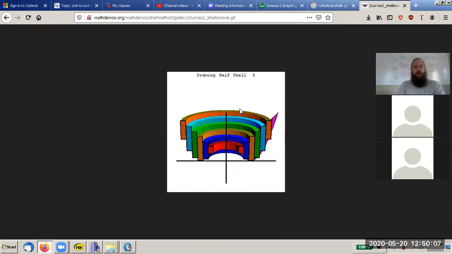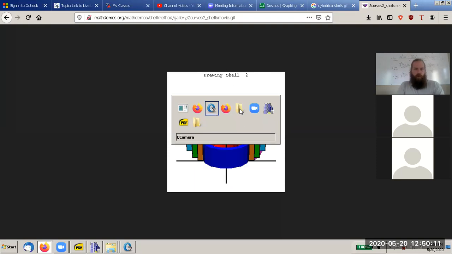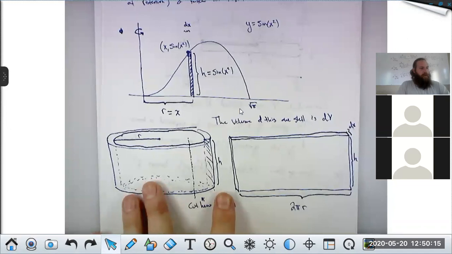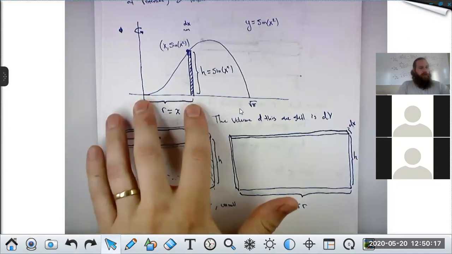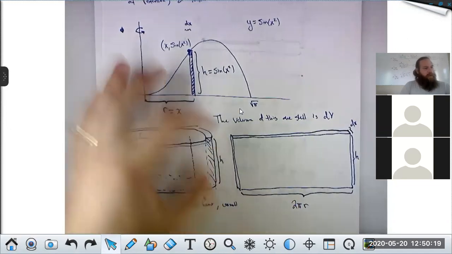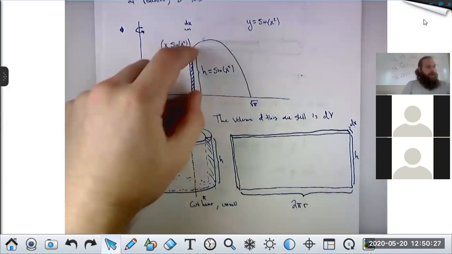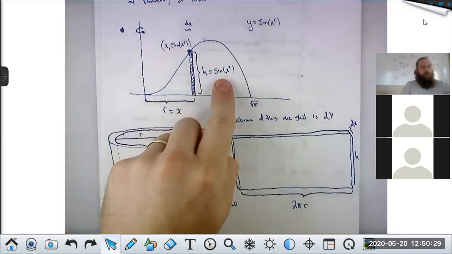Do we see why H and R came out the way they did? Why the radius of this shell is this horizontal distance, and why the height of this shell is the height of that strip? Yeah, that makes sense. Okay. So do we see why the height of the strip is sine of x squared?